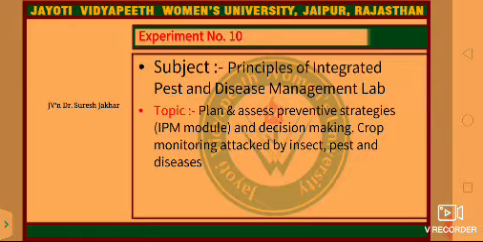Then decision making. Through decision making, farmers become experts in crop management. Farmers have to make timely decisions about the management of their crops. AESA farmers have learned to make these decisions based on observation and analysis of abiotic and biotic factors of the crop ecosystem.